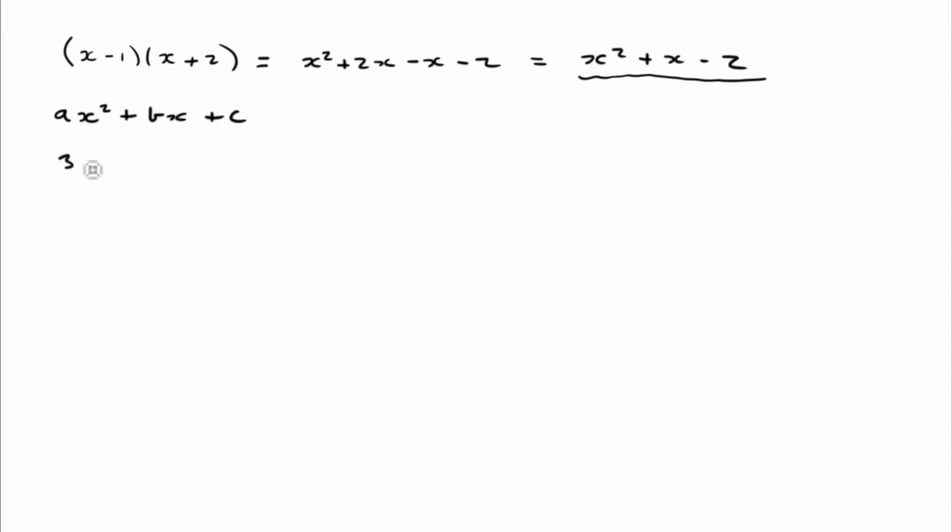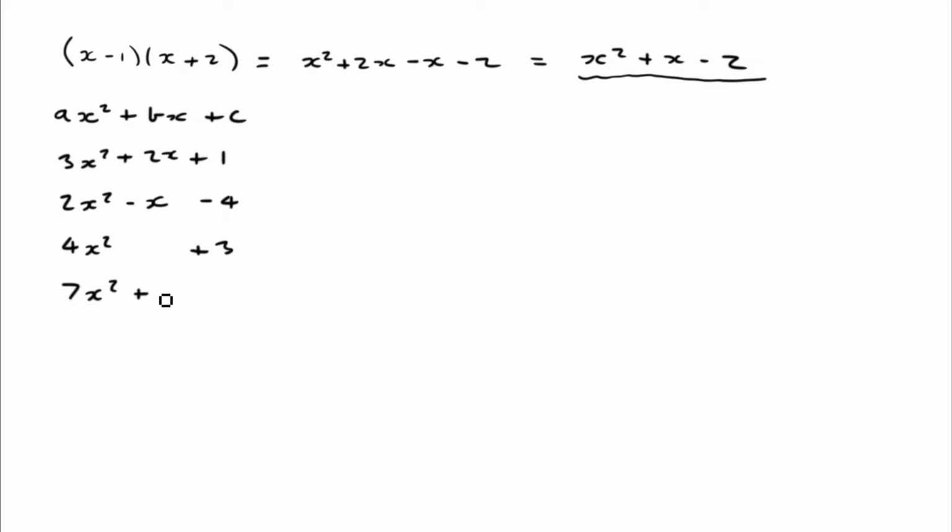So, for example, 3x squared plus 2x plus 1 is a quadratic expression with an a of 3, a b of 2 and a c of 1. 2x squared subtract x subtract 4 has an a of 2, a b of minus 1 and a c of minus 4. No need for these numbers to all be positive. The expression 4x squared plus 3 is a quadratic expression with an a of 4, a b of 0 and a c of 3.